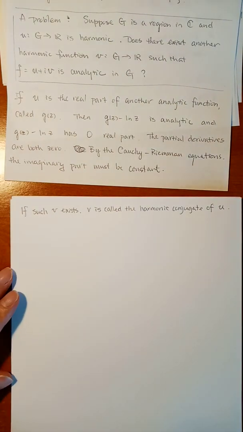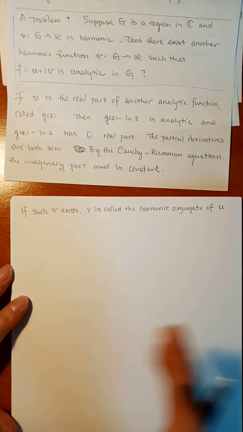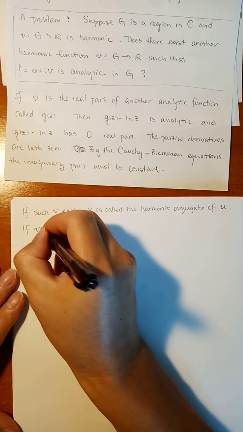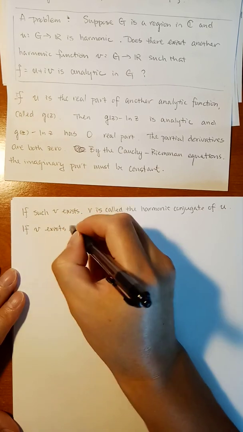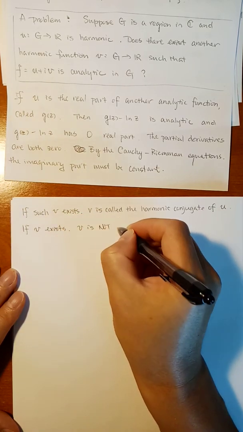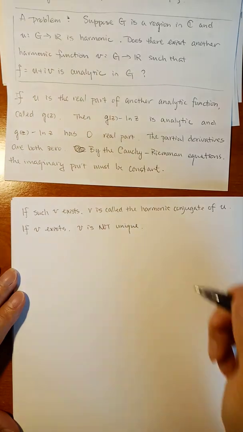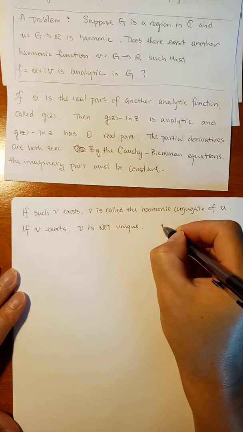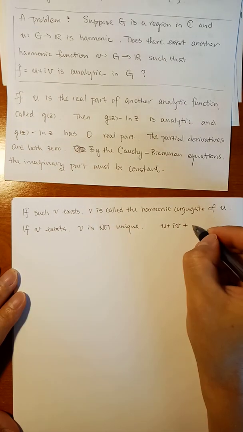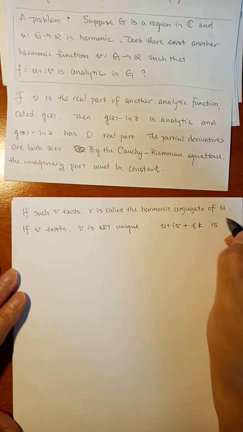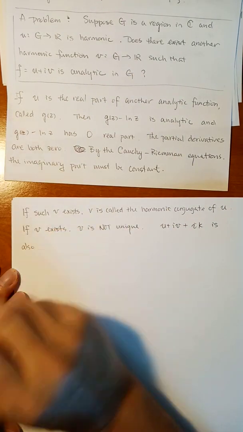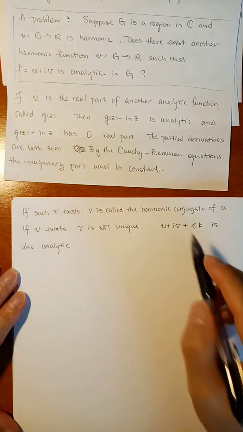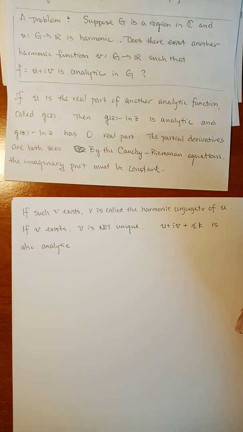Of course, v is not unique. Why is v not unique? Because u plus i(v plus k) is also analytic. You just consider v plus k, which is also a harmonic conjugate.